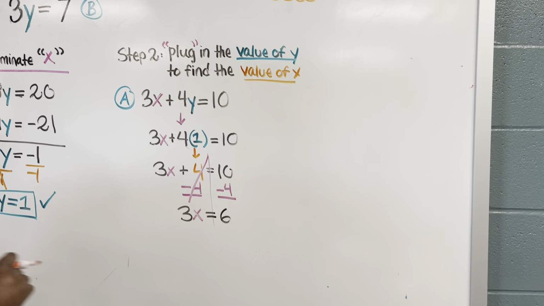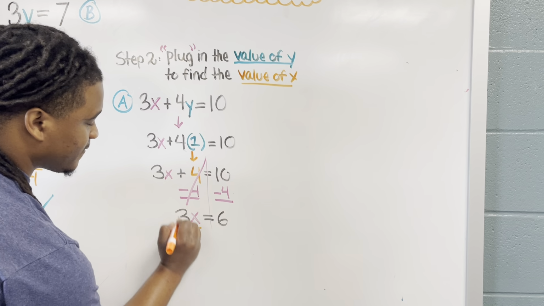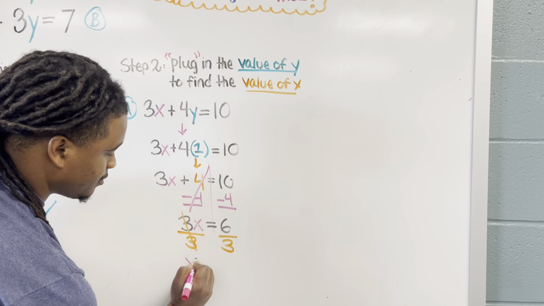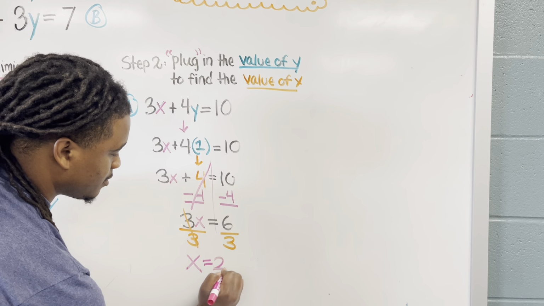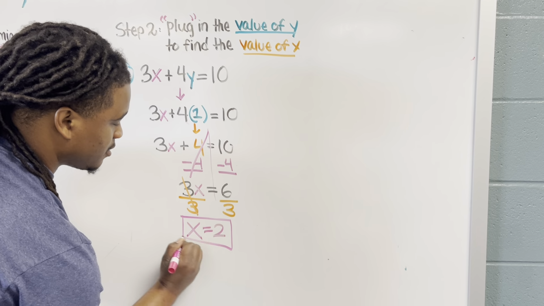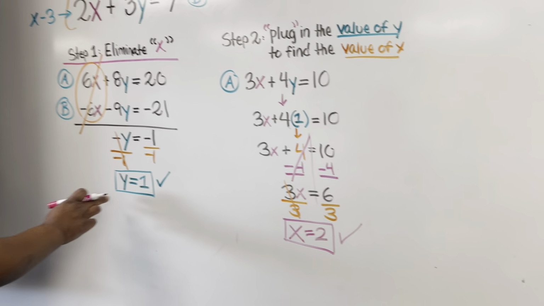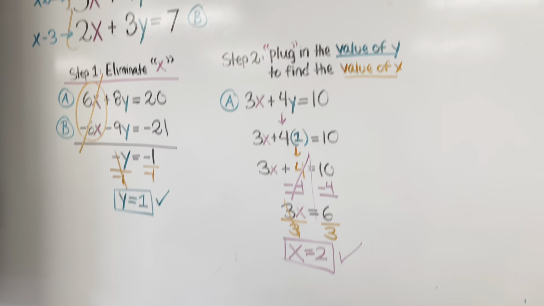If I divide both sides by 3, then x will equal 2. So the value of x is 2 and the value of y is 1, okay? So we found both values.